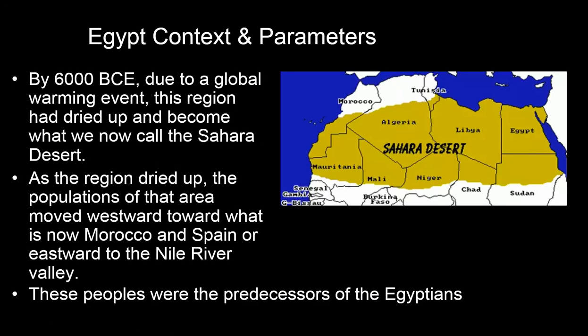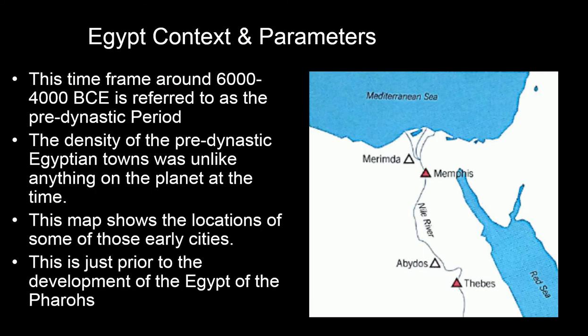Okay, so as I was mentioning, around 6,000 BCE, due to a global warming event, that area completely dried up. One of the things that's really important to note is that in that time frame, 6,000 to 4,000 BCE, is just before, right, we get to them starting to actually record history. It's just before we get to the point where there is some level of, yeah, we're kind of keeping track of things.